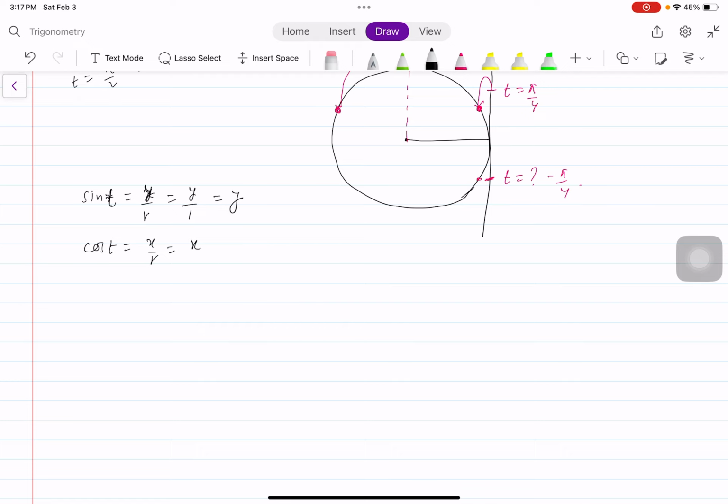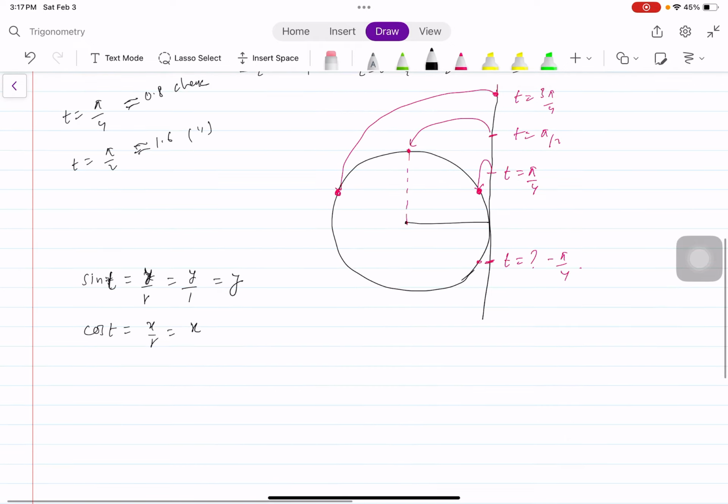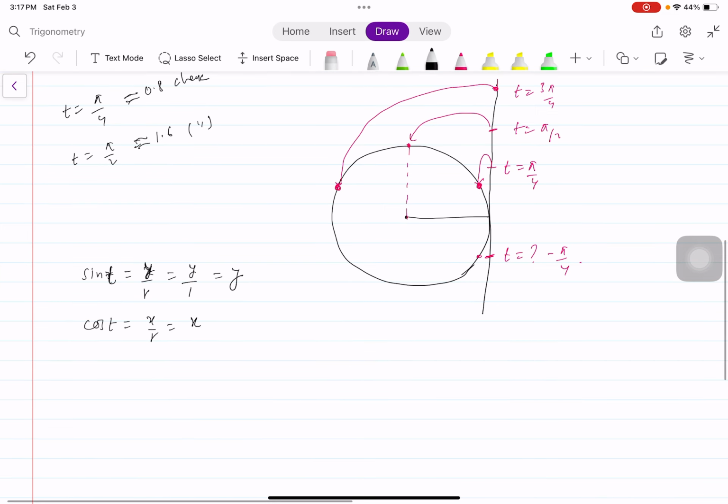So what does this imply? This implies that any point on the unit circle is of the form cosine t comma sine t. If you are on the circumference of any circle with radius greater than 1, then your point is r cosine theta and r sine theta.